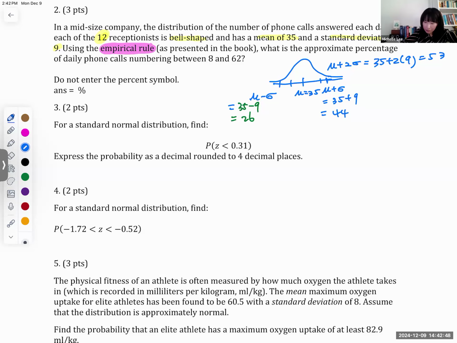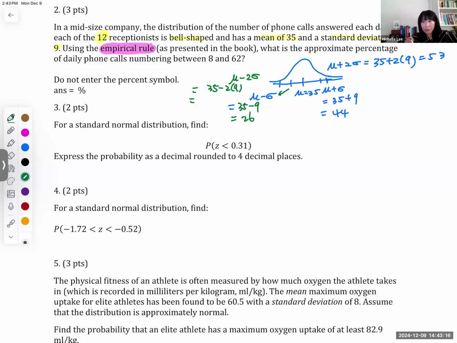And then there is mu minus 2 times sigma. So 35 minus 2 times sigma. Be careful when you use a calculator. So 2 times 9 first, then subtraction, right?